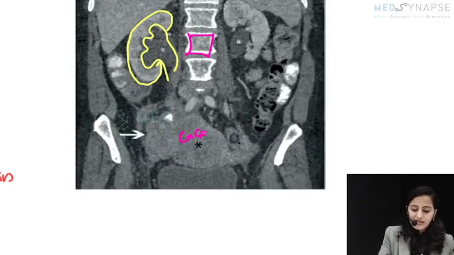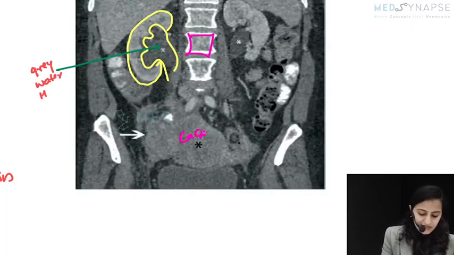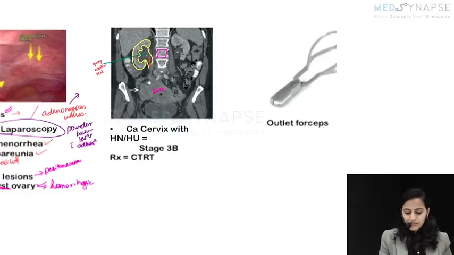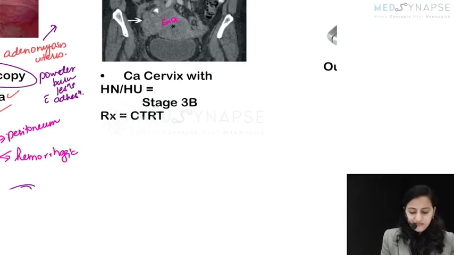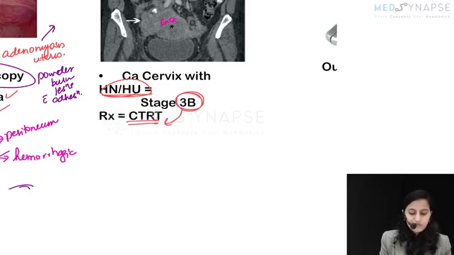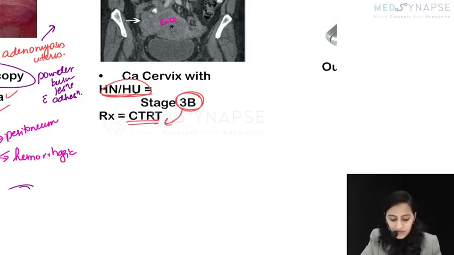This is all gray color is the water. Remember on CT, the gray is the water. So telling you that there is hydronephrosis, hydroureter. So whenever you have CA cervix with hydronephrosis, hydroureter, it is what stage? Stage 3B. Remember, it is stage 3B, and the treatment here has to be CTRT, chemotherapy, radiotherapy.